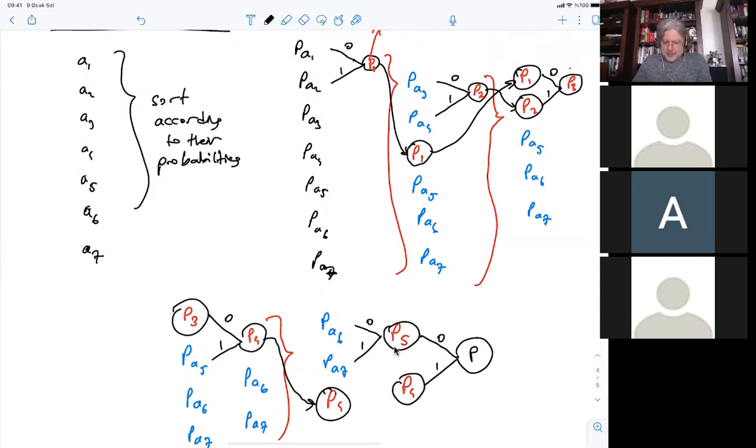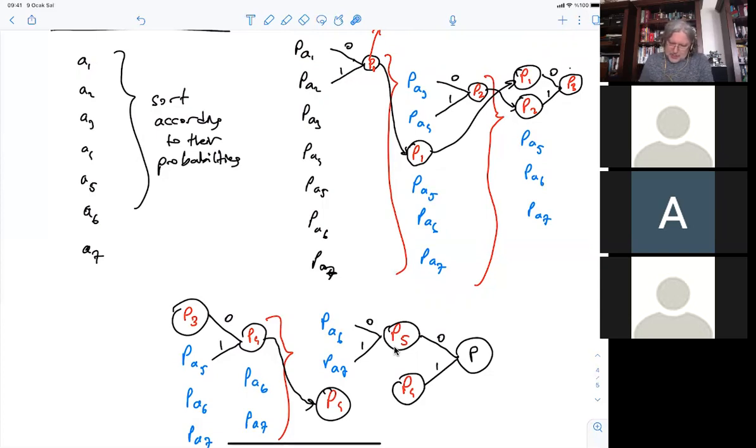Like this. Then from this root of P, you traverse up to the leaves here. For example, since the longest one is that one, let us look at what is the code word for A1, which is here.